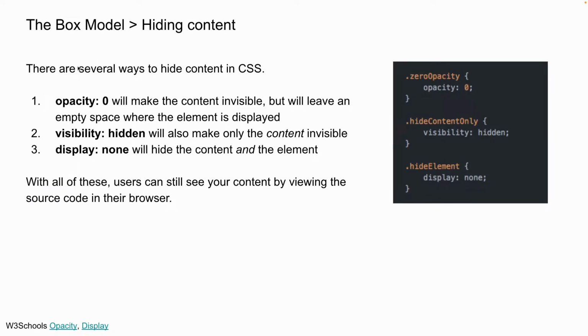So in terms of hiding content, there are several ways to do that. You can use opacity to make it invisible, or like 0.5 will make it semi-opaque. You can also do visibility hidden or display none. Each of these has different effects. Some of them will make it so you can't edit the content at all. Others will make it so you can still hide and show them.